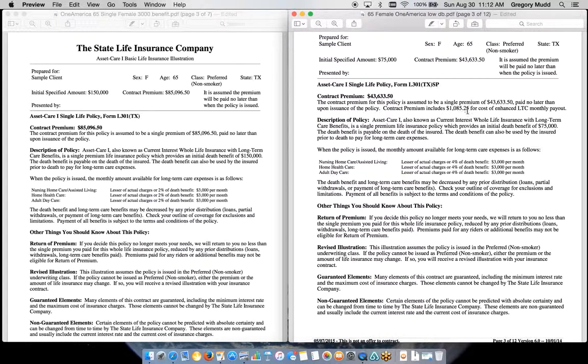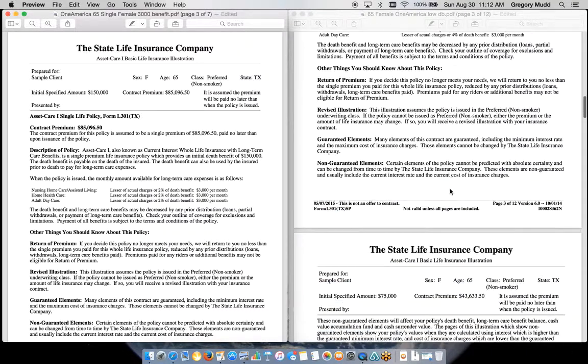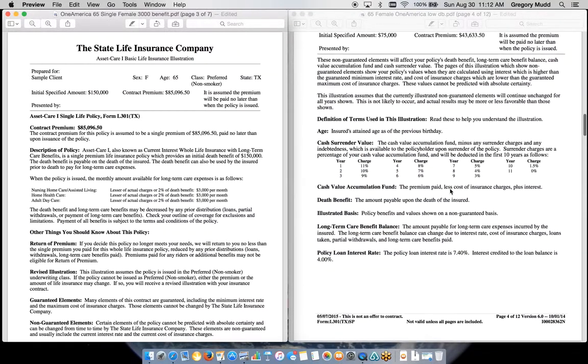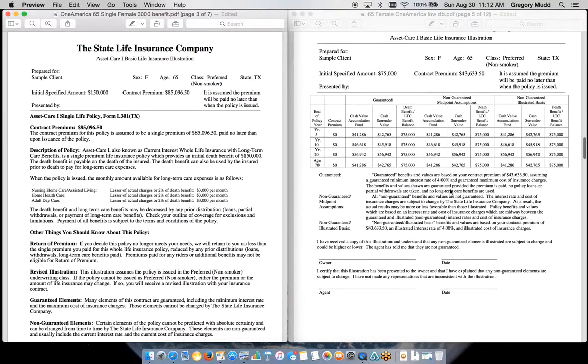This is an expense that is part of this initial single premium and gives us a 4% payout versus our 2% payout. So this comes into play when we start looking at the return of premium surrender value in a moment. That page is followed by more definitions, and it's also followed, just like the other one, by the summary and the signature page.